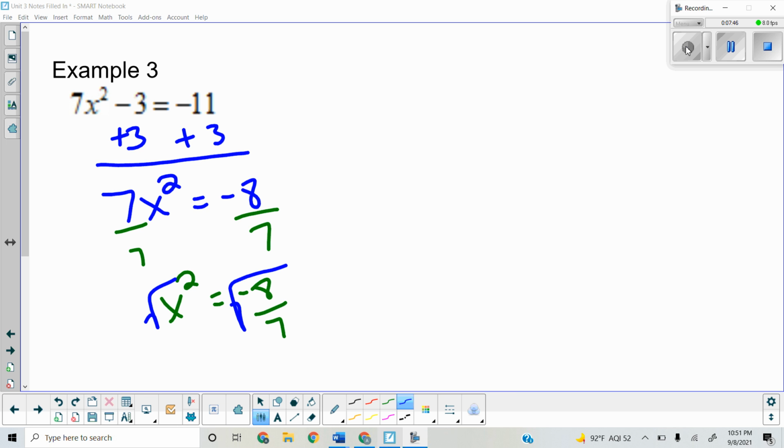So x equals, we know we're going to have positive, negative. Now, 8 can break down to the square root of 2 and the square root of 4. 4 is a perfect square, and we know that that is 2.